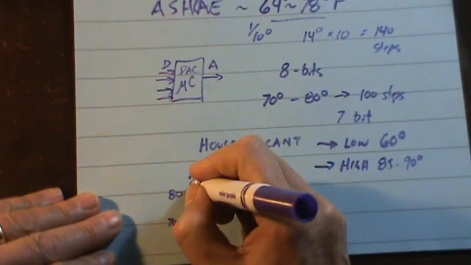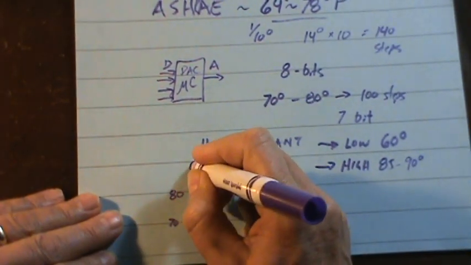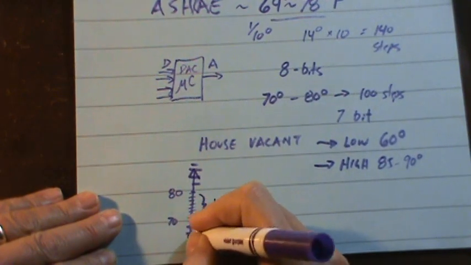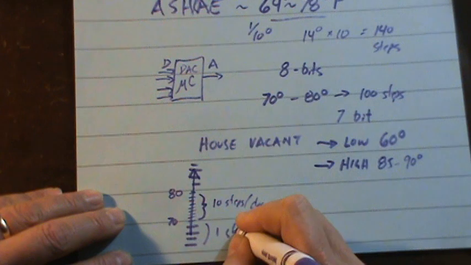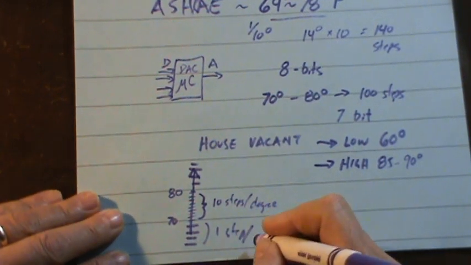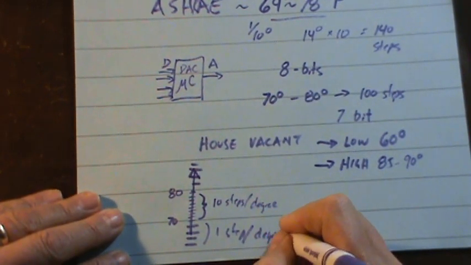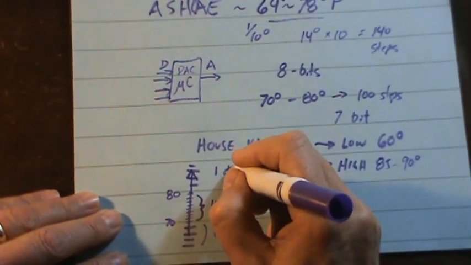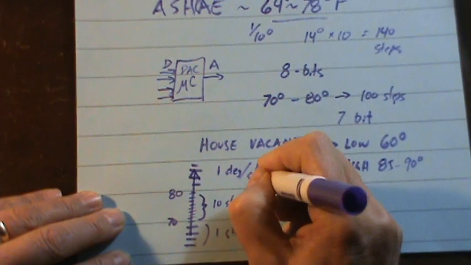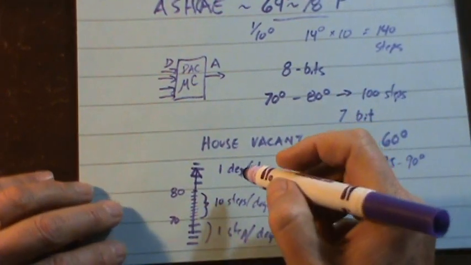But for those special cases, when you get further out, maybe we can open up, and we don't need as many levels, so we might go with 1 step per degree outside of that range, on both sides. So that's certainly something you could do.